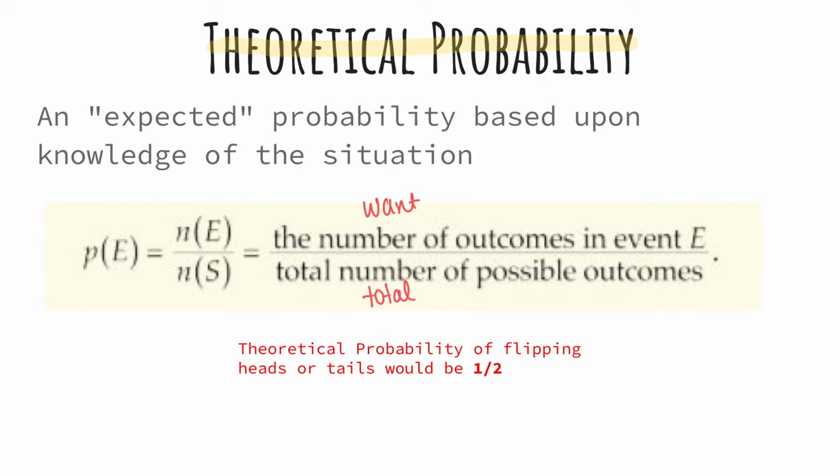So in our previous example, the theoretical probability of flipping heads would be 1 out of 2 because there is one side that has heads out of 2 sides of the coin. The same probability would be in place if we are flipping tails. We still have one side of the coin that's tails out of a total of 2.